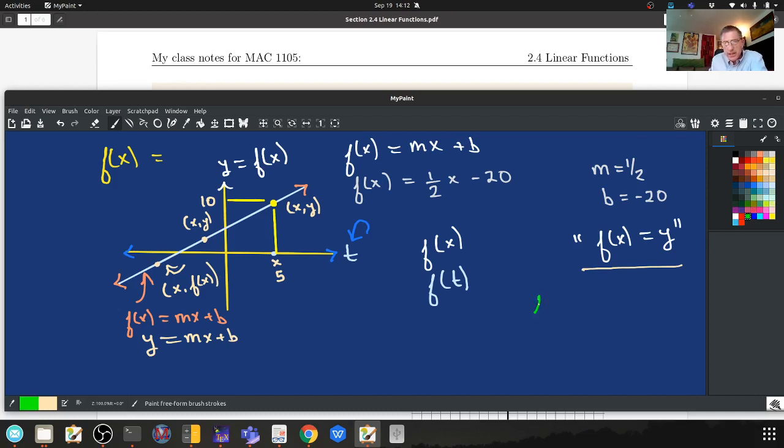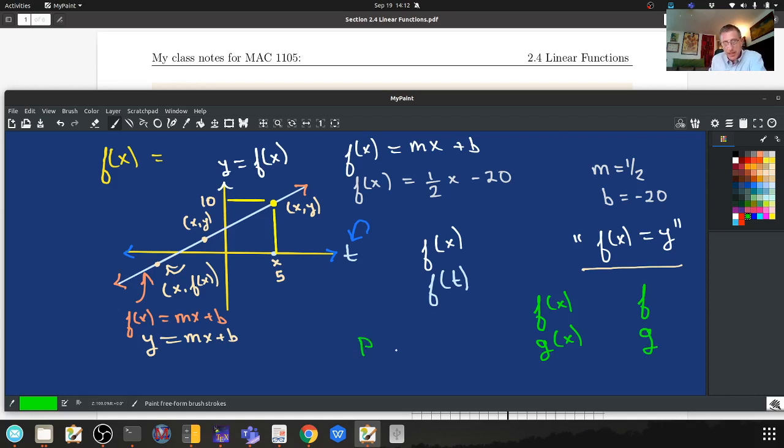The second thing I want to remind you of is that f is just the name of a function, and x is the input variable. We could just as well name that function g. You always have to specify an input variable. Sometimes when we know the input variable is x, we'll just refer to the function as the letter f or the letter g.